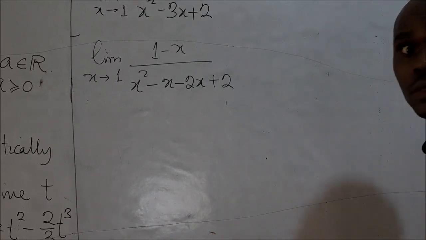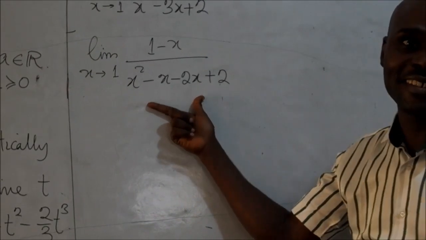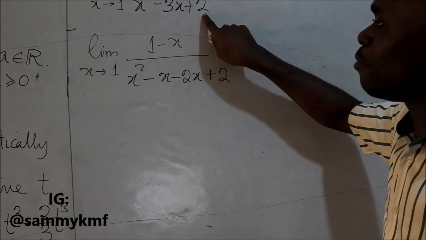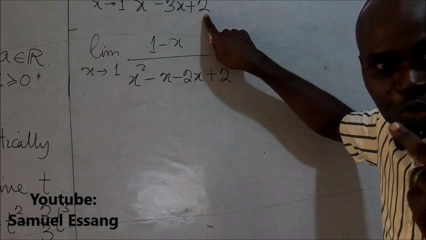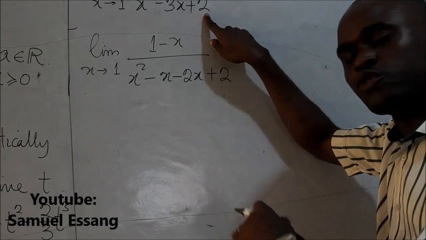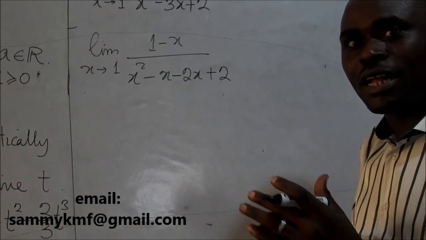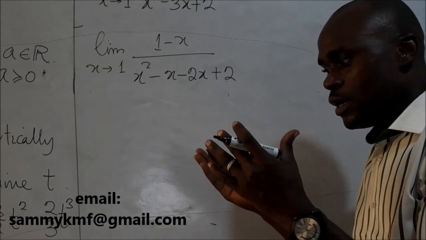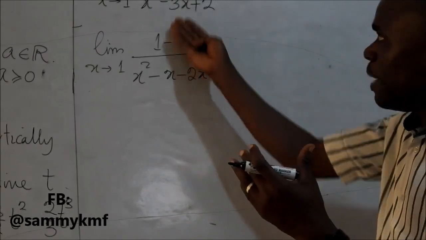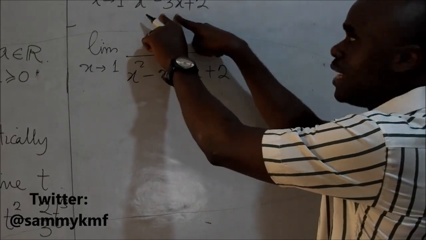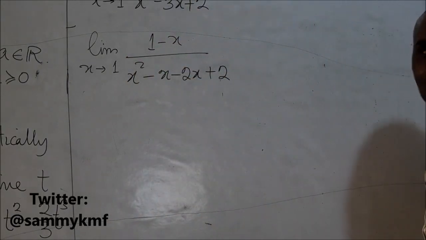So we can do this. I believe in this. It's elementary. We look for two numbers that multiply to give us 2. That is, minus 1 and minus 2 multiply to give us plus 2. And minus 1 and minus 2, if you add them, give you minus 3. So we have minus x minus 2x giving us minus 3x, and we have 2 here.